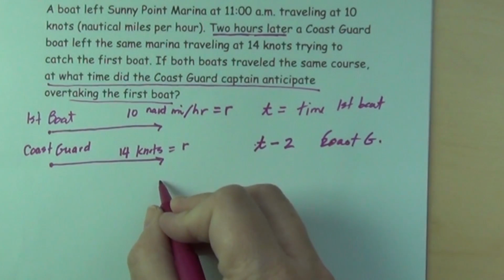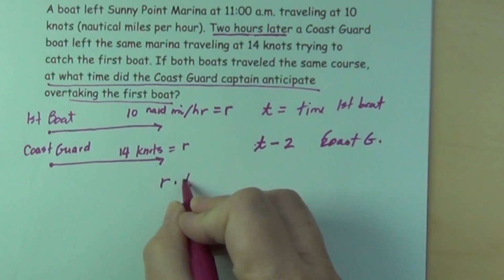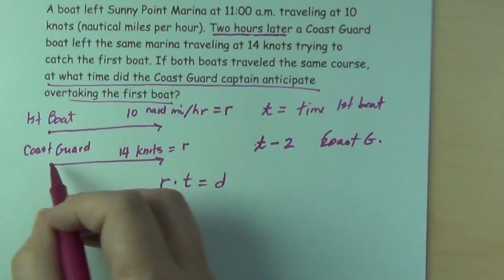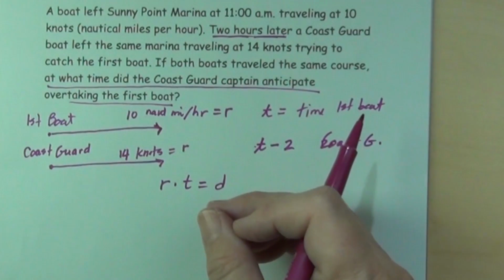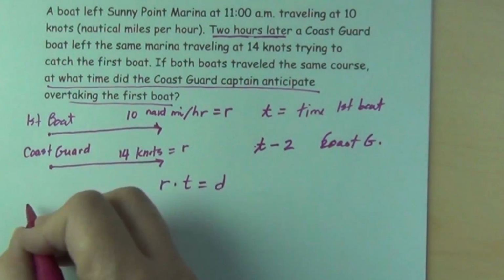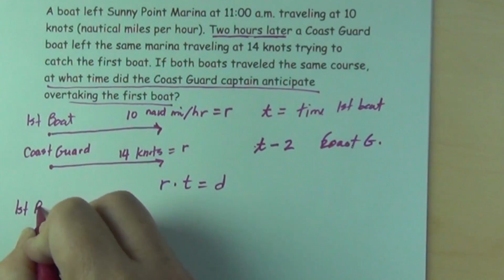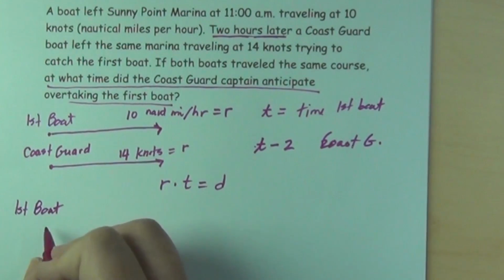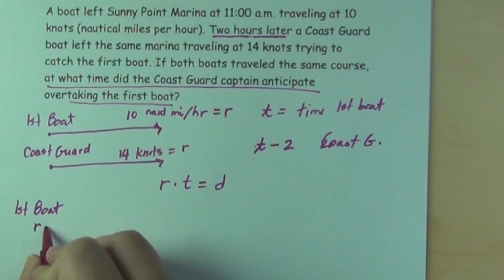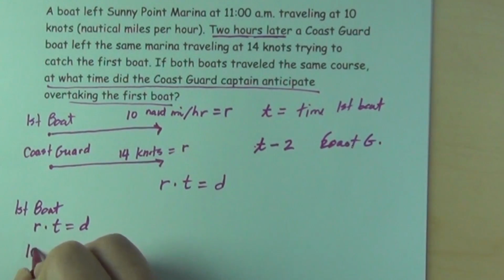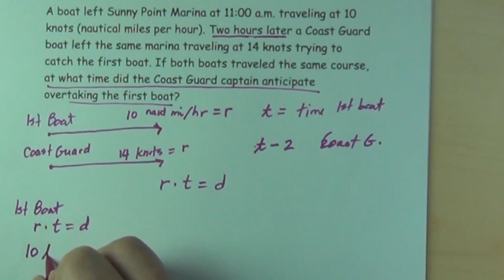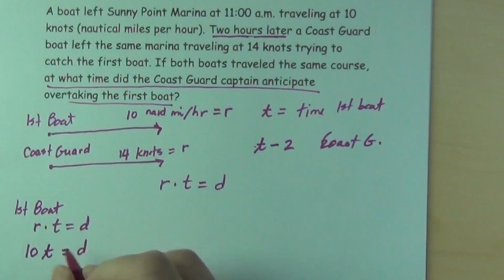Now we need to remember that rate times time equals distance. And when this second boat catches up with the first one, they will have traveled the same distance. So let's think about the first boat first. Using rate times time equals distance, it travels at a rate of 10 nautical miles per hour for a time of t, and it's going to travel d.